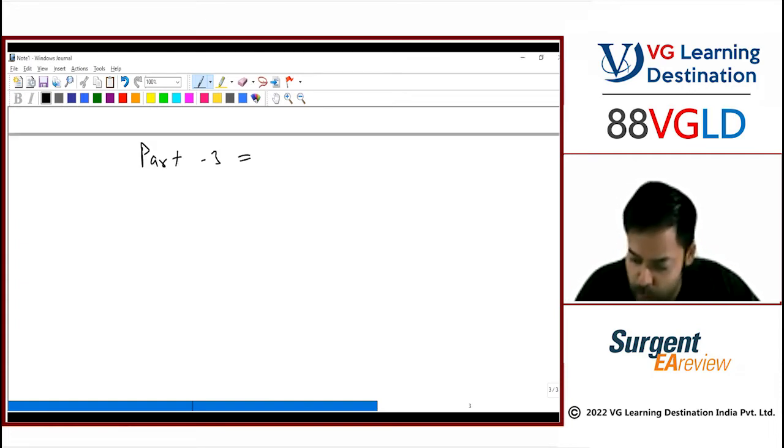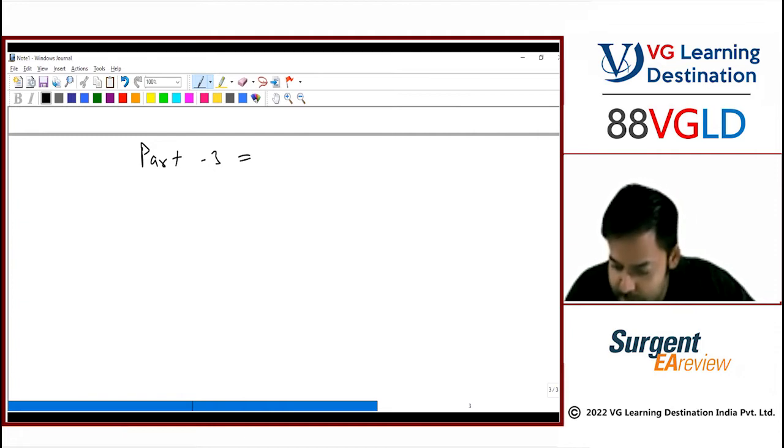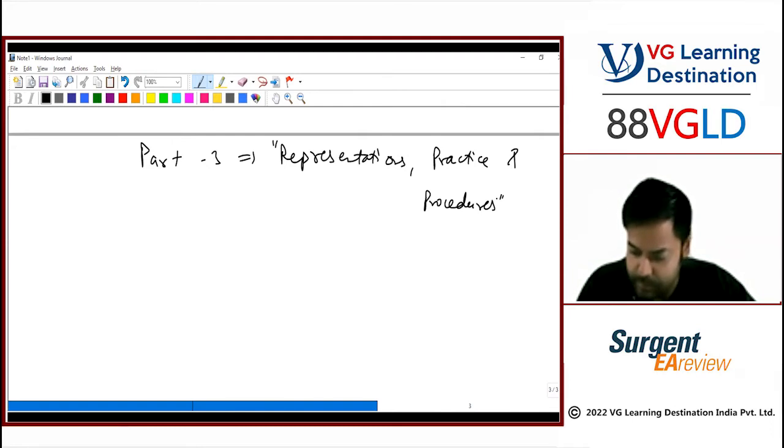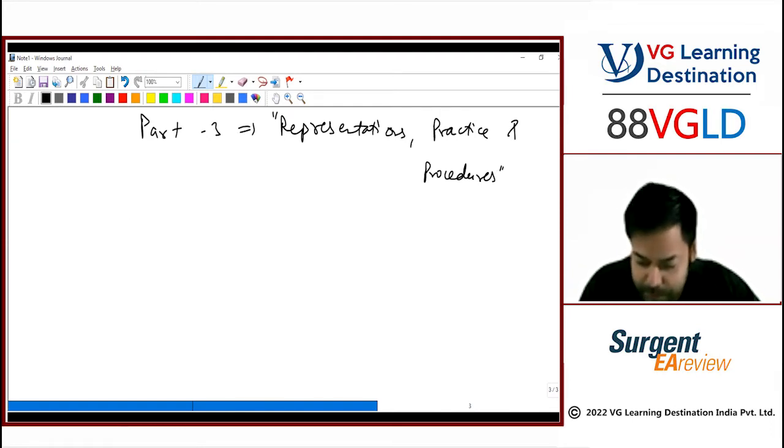Part 3 is going to be your representations, practice, and procedures. Part 1 and part 2 we have already done. Part 1 is going to be individual taxation.